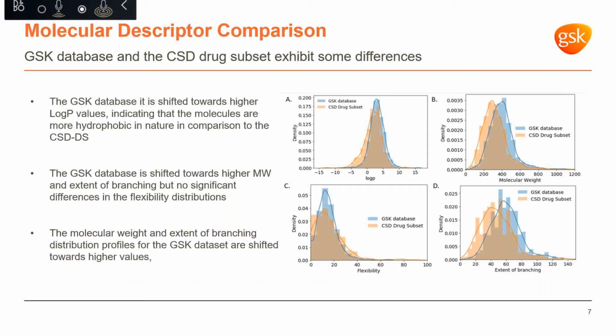So in order to explain this more, we looked at some molecular descriptors in order to draw relations to these observed crystal descriptors. It is shown in the log P plot that the increased percentage of GSK structures with no hydrogen bonding interactions in comparison to the CSD comes in line with the log P distribution, where for the GSK database, it is shifted towards higher values, indicating that the molecules are more hydrophobic in nature in comparison to the CSD drug subset.